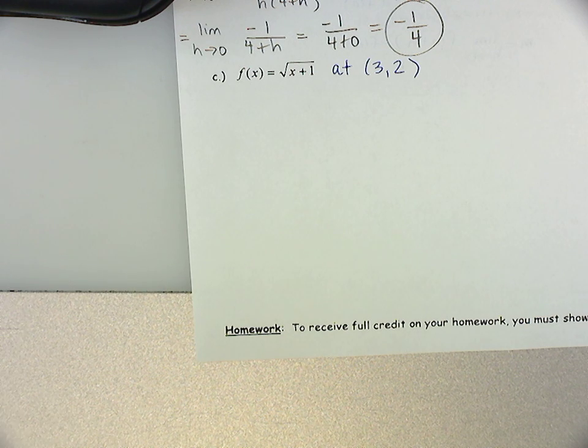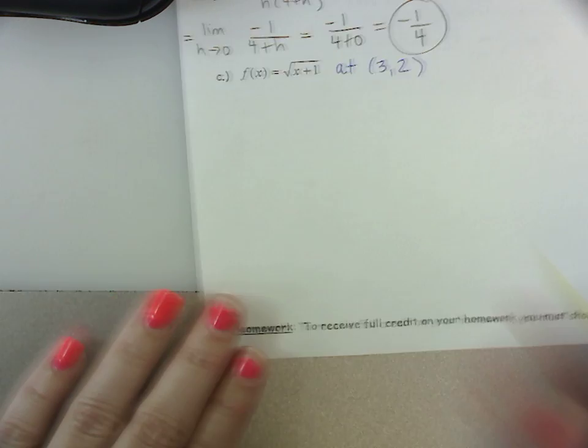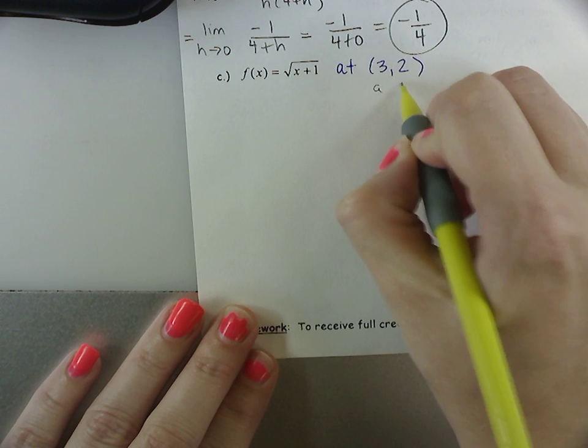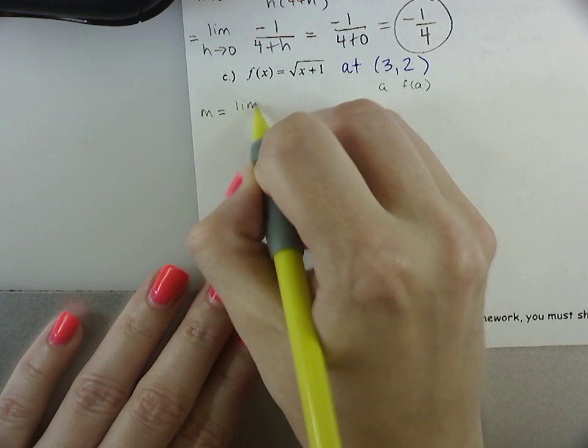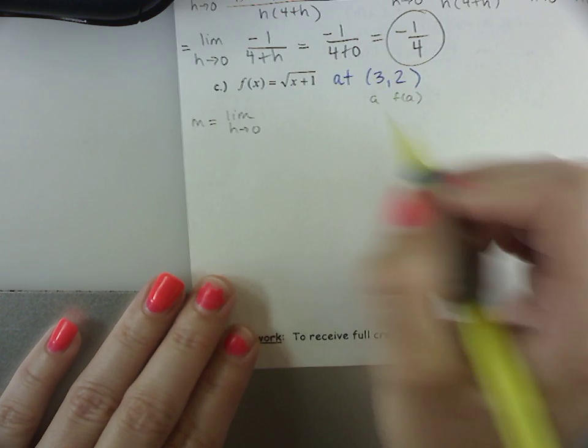For C, f of x equals the square root of x plus 1 at 3, 2. So this is your a and your f of a.